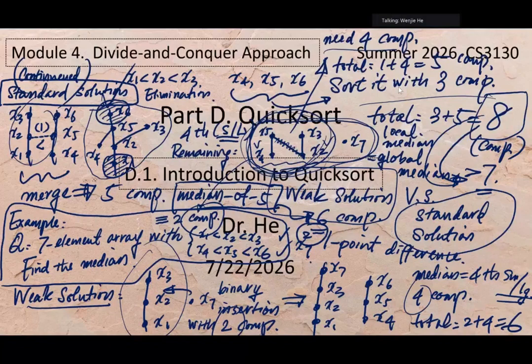If you can find the standard solution, that is already very good. For the strong solution, we target 7 comparisons. We may not be able to make it happen. It is too hard. We may not get it. That's why it is extremely hard.